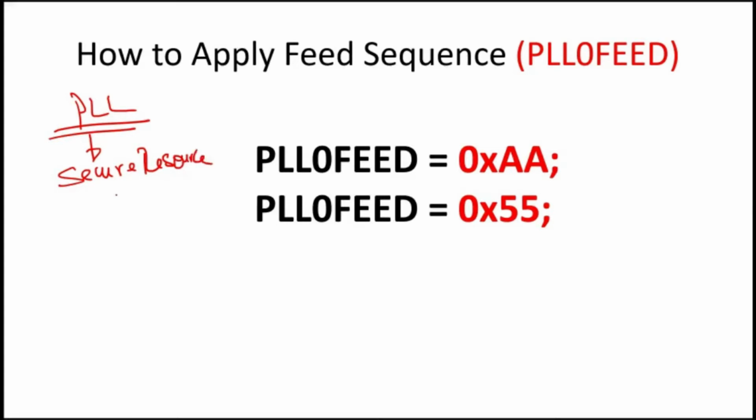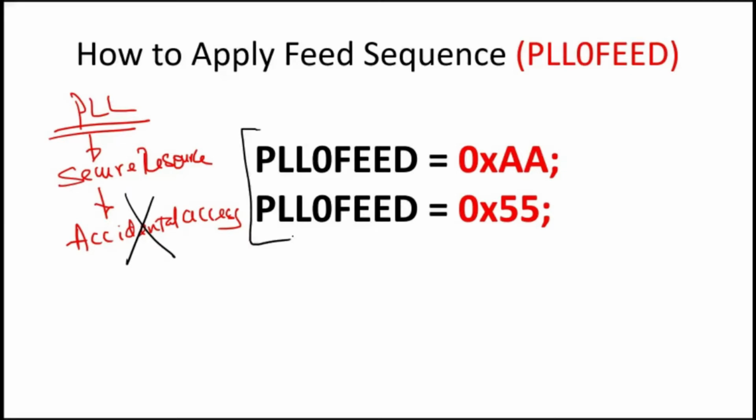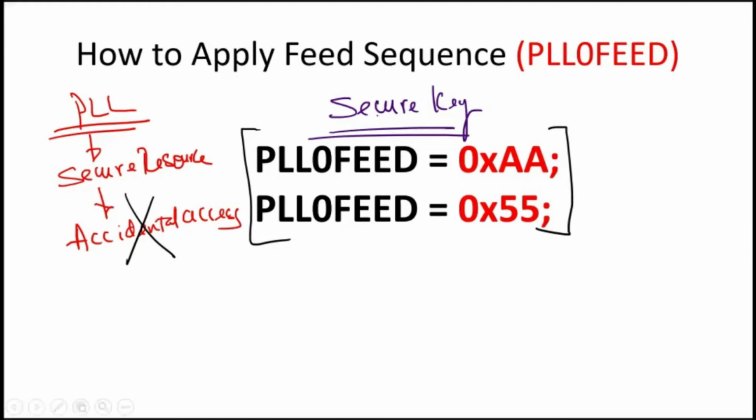So the microcontroller doesn't provide any accidental access to this secure resource. It expects you to provide some kind of a security key. So only when you provide the secure key will the microcontroller process your request.